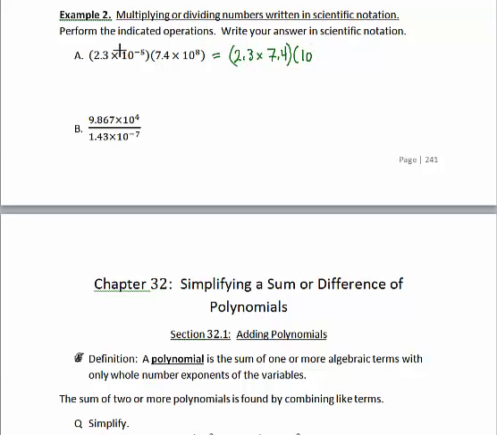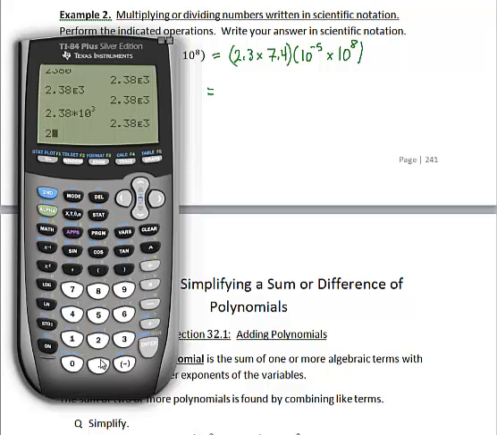We group the tens together. Alright, we multiply the base numbers. I'm going to use my calculator so I can do this a little quicker.